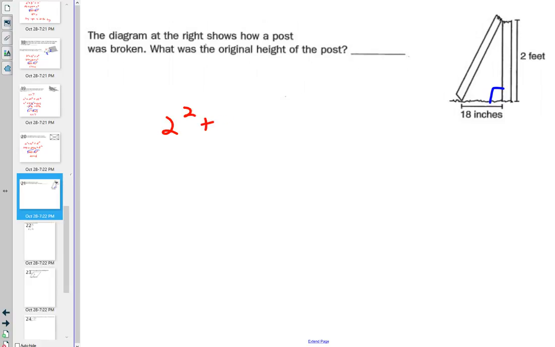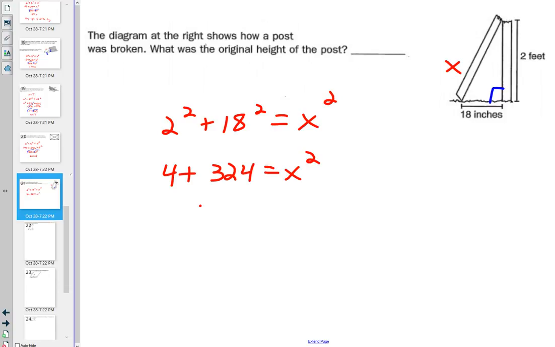2 squared plus 18 squared is equal to x squared. So 4 plus 324. If you take the square root and put that into your calculator, what are you going to get?